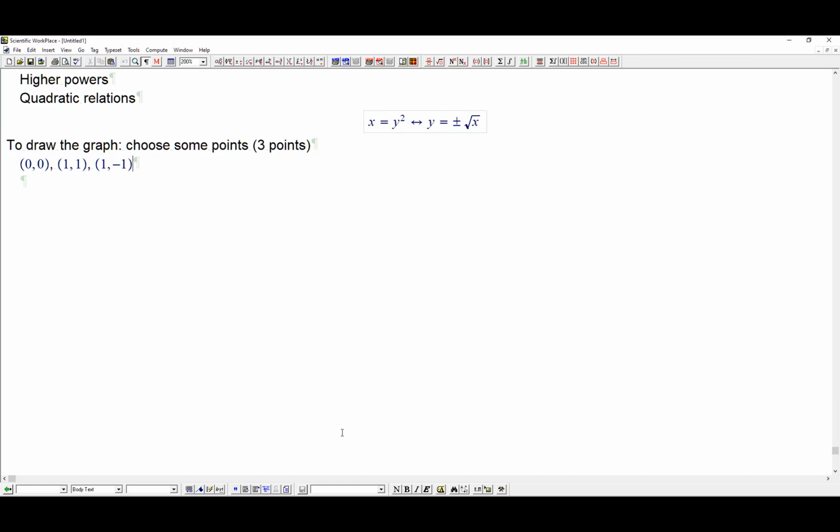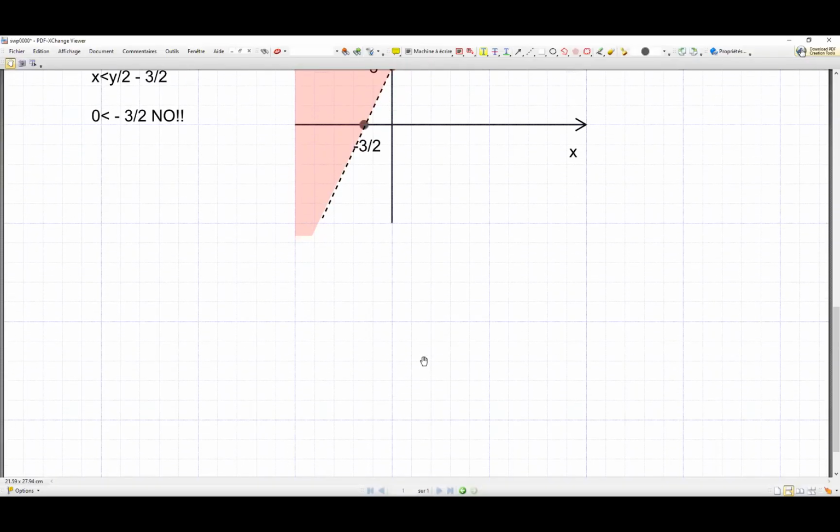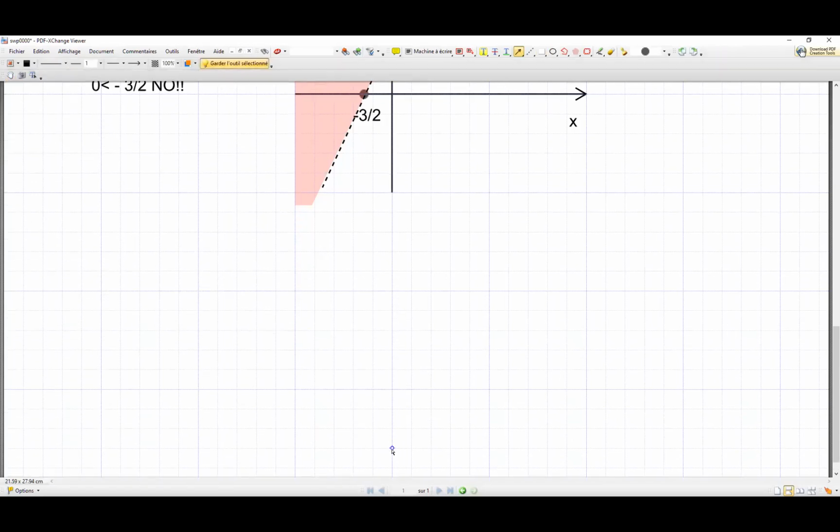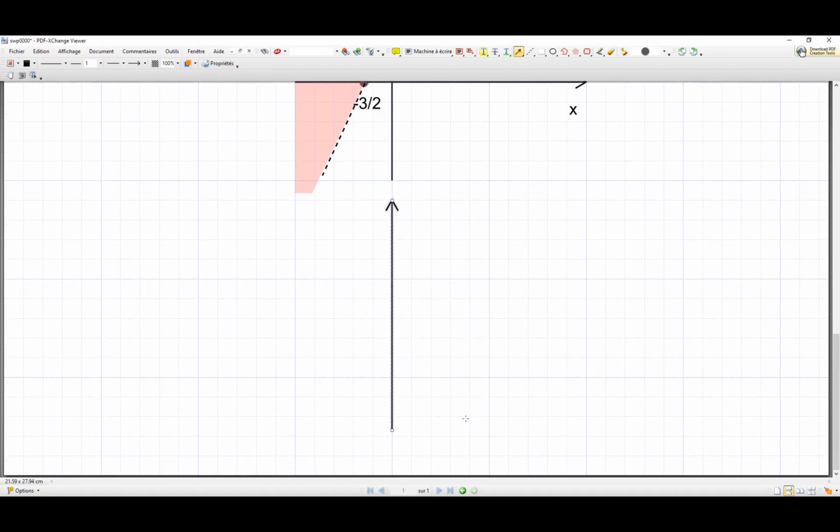So let's go ahead and draw our curve. Let me stick close to the origin.